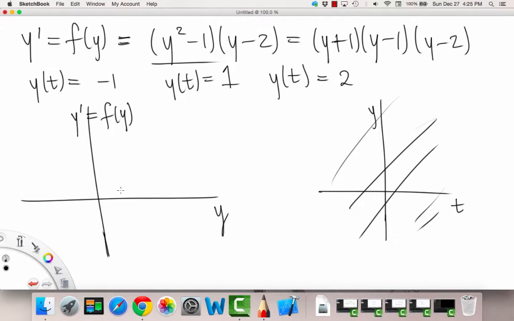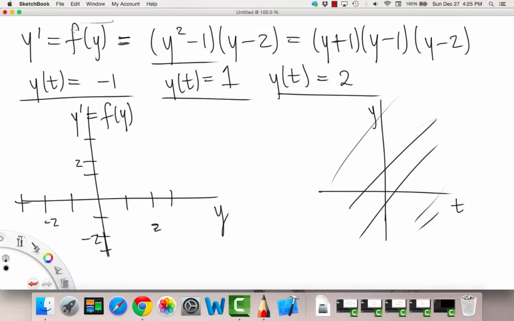Alrighty, so let's look at this one. We have something like this, and let me draw in some values here. So we have -2 going on, as well as a +2. So what is actually going on? We have y prime equal to basically 0 when y is equal to -1, 1, and 2. So these are basically the roots of this function here.